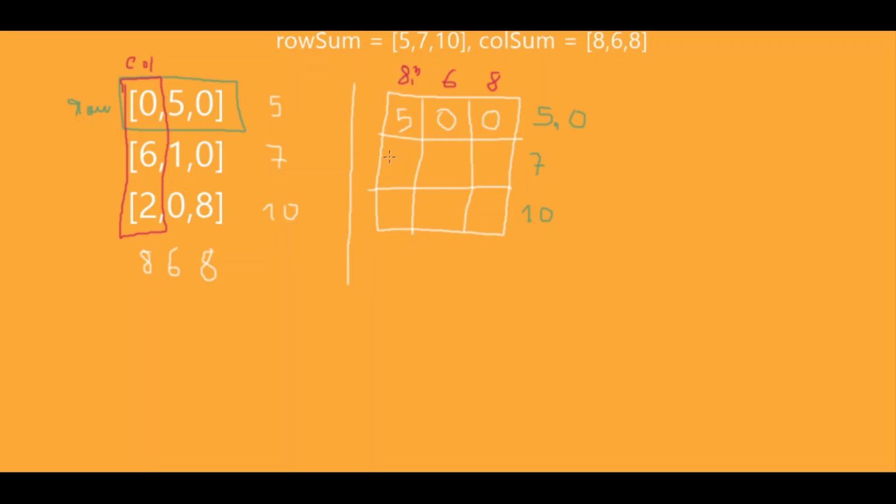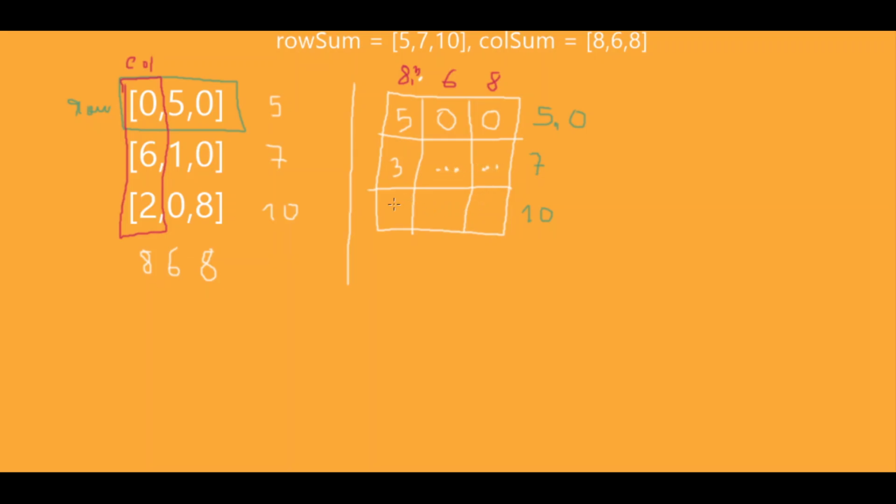So you can only put the minimum between 3 and the row value, which is 7, so you can put at most 3. If you put 4, you break the requirement, because this column could only take 3. And you continue this logic for the rest of the matrix.